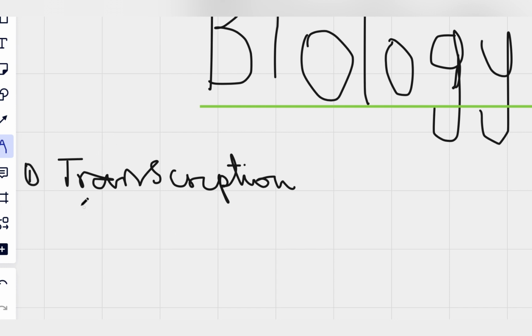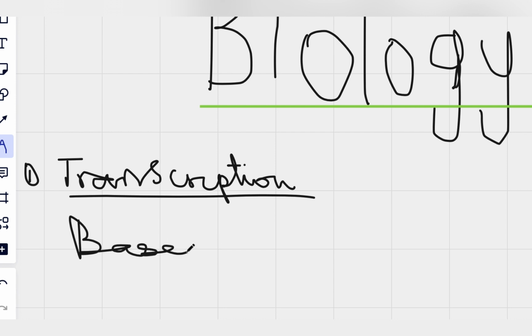We say this is when the base code of a DNA is rewritten. The base code of DNA is rewritten to form an RNA base sequence.